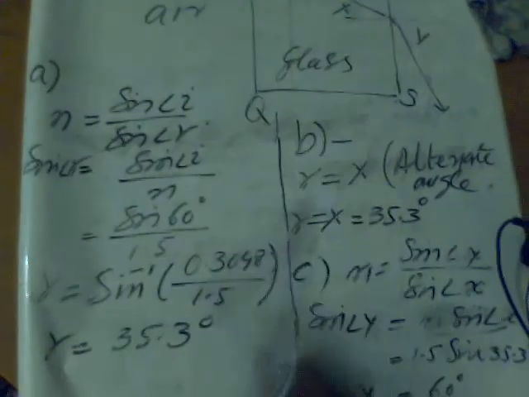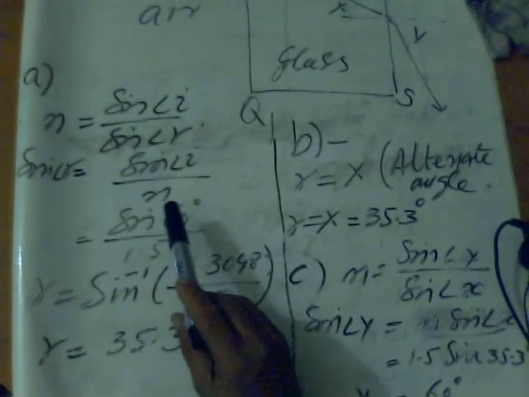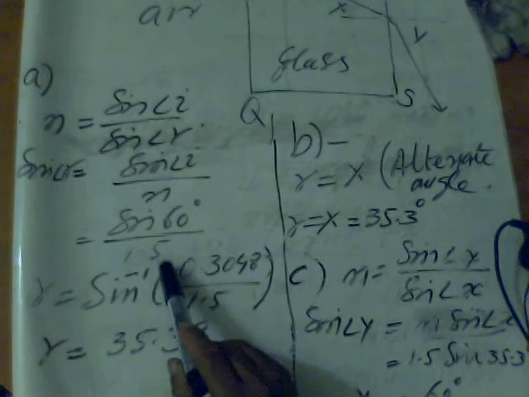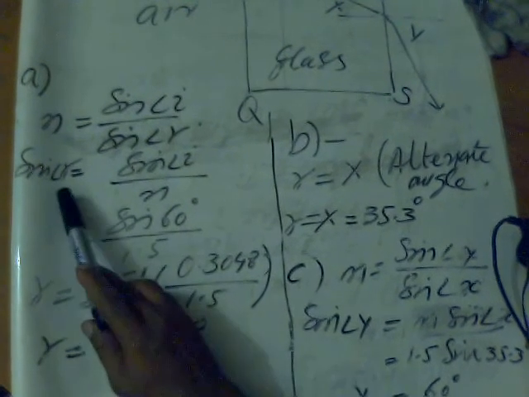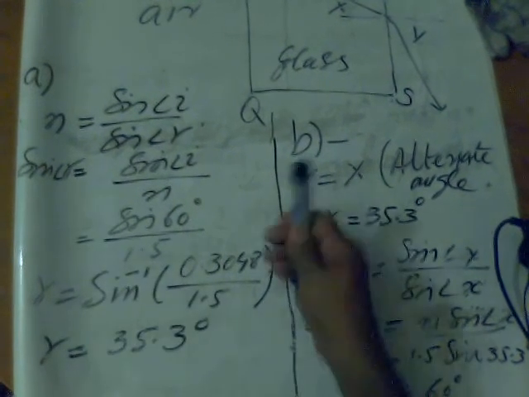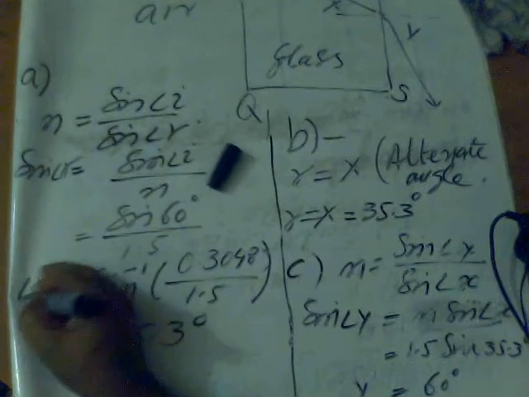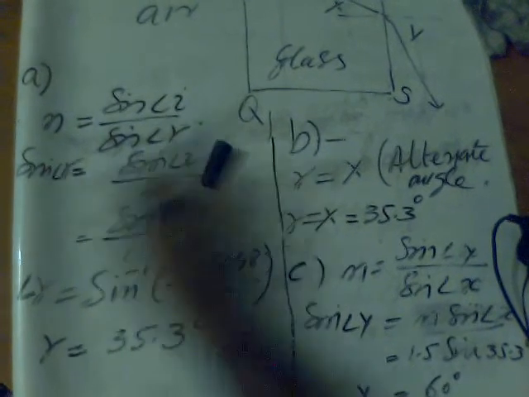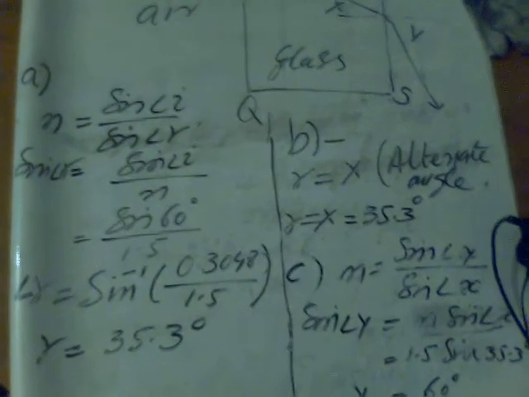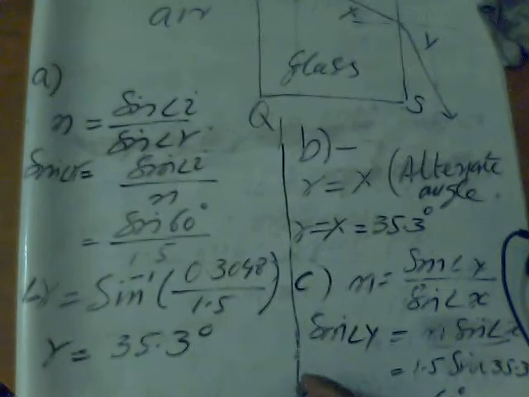Angle I is equal to 60, and the refractive index of glass, you know, is 1.5. Angle R will remain there, and sine, while it shifts from left to right hand, will become inverse sine.